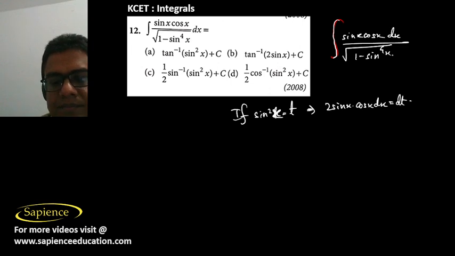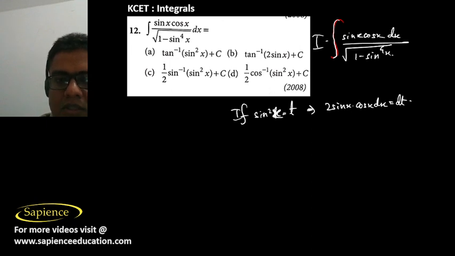In question number 12, it is told to find the integral of sin x cos x dx divided by root over 1 minus sine power 4x. So now if we take sine square x equal to t, then we have 2 sine x cos x dx equal to dt. Means sine x cos x dx will be dt by 2.